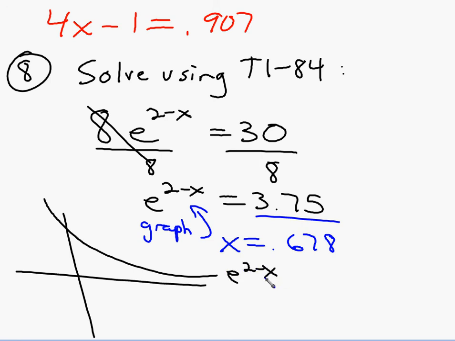And by graphing y equals 3.75 and looking for that point of intersection. So that point of intersection corresponded to an x value of 0.678. Okay? And we are going to stop there for today.